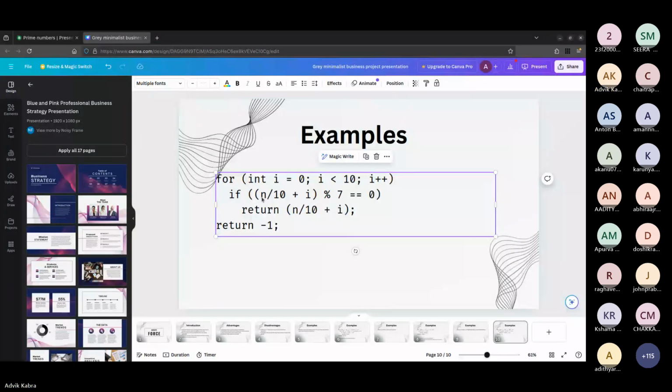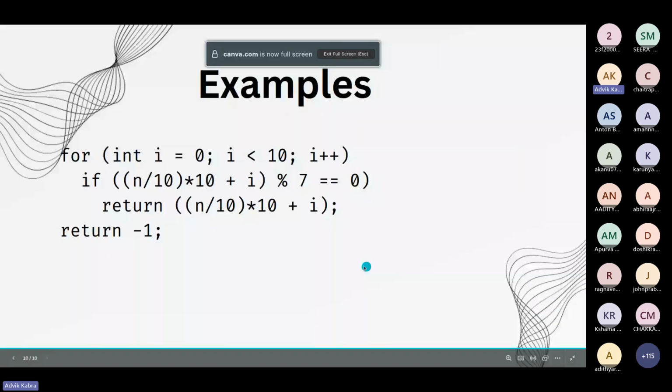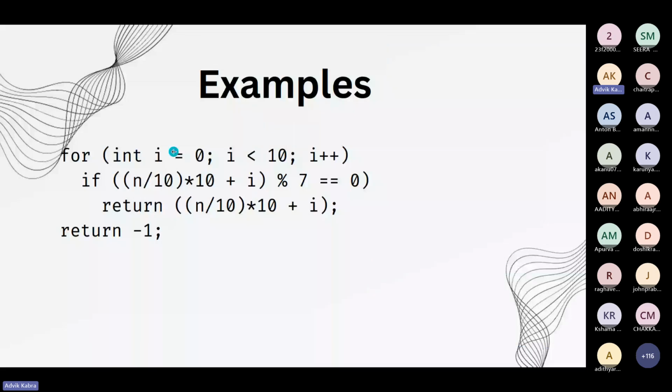One second. Yeah. So here we are changing the last digit by looping from 0 to 9 and dividing by 7, checking if the mod is 0.